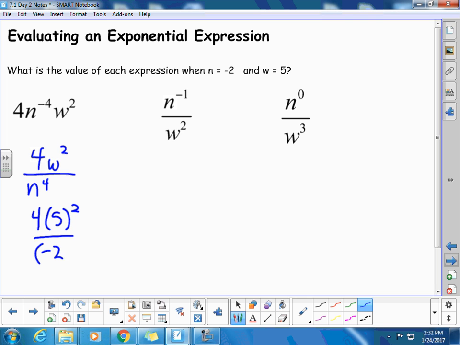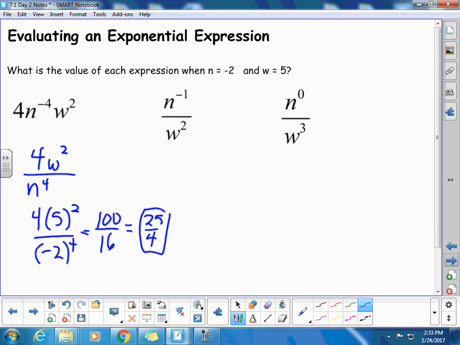So negative 2 to the fourth equals 4 times 25, which is 100, over negative 2 times negative 2 times negative 2 times negative 2, 16. Those are both even numbers, so I can simplify further. 100 divided by 16 is 25 over 4. So this reduces to 25 over 4, which would be my answer as a fraction.